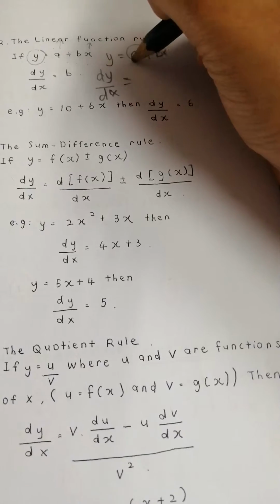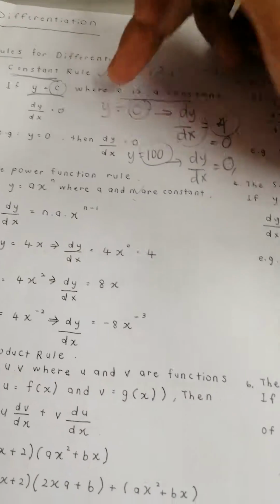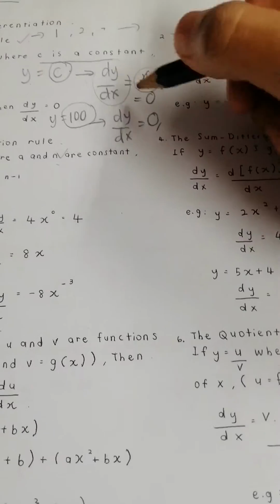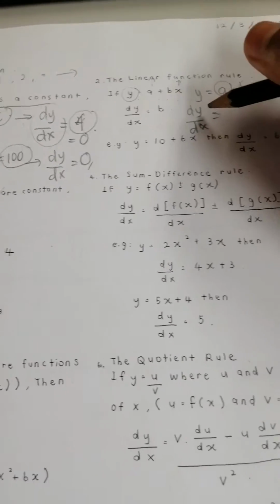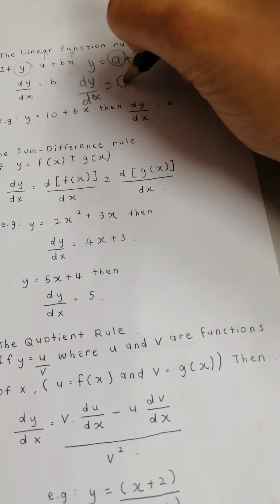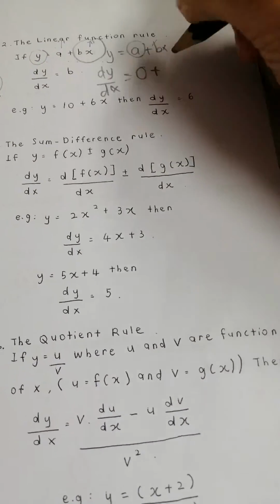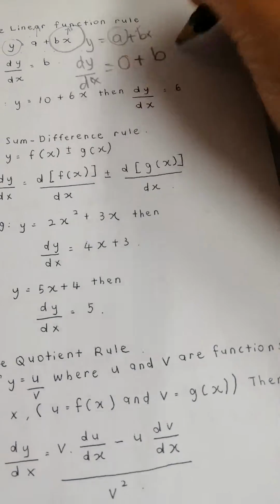Okay, this one is the constant. So from previous rules, anything that differentiate the value of constant, it will become 0. So dy dx here, a will be 0, and bx here, bx differentiate the bx will become b.